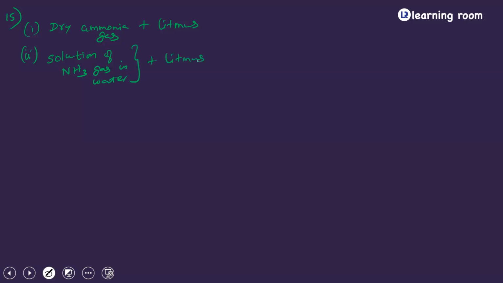So what result can we expect? Why? Good. No color change in the first one. In the second one, red litmus turns blue.